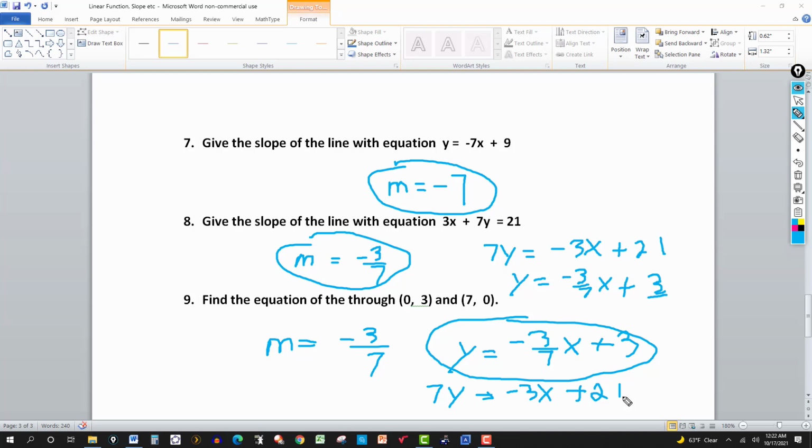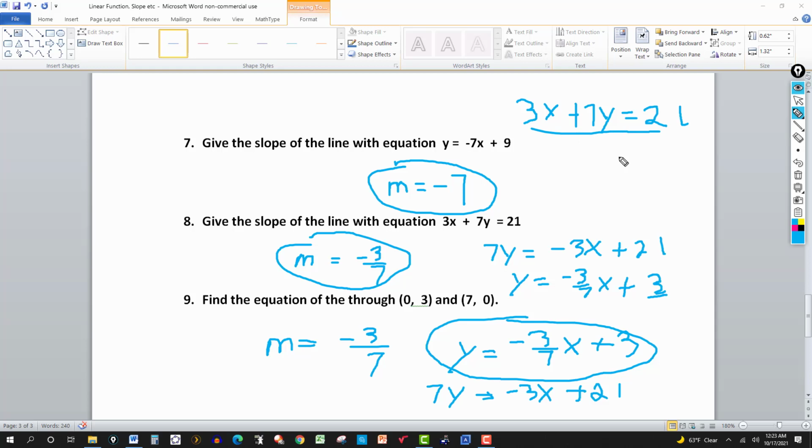And then usually we want the x and the y on the same side. So let's take this over to this side. It becomes a 3x, and then plus 7y. Just leave that there. So the standard form is Ax plus By equals C, and that equals 21.